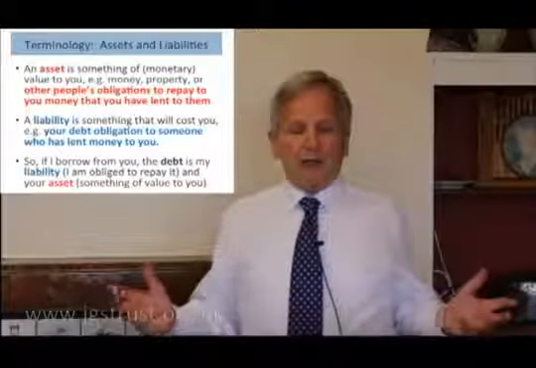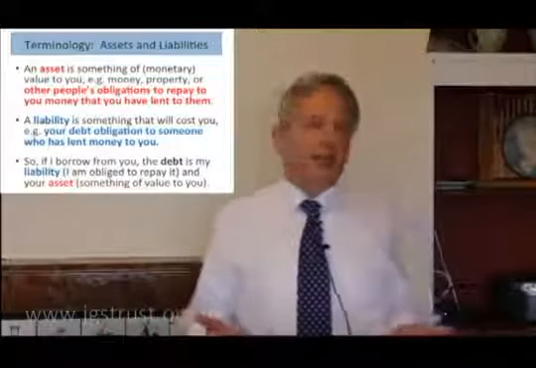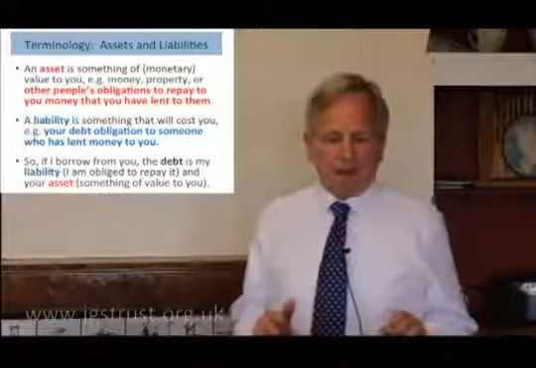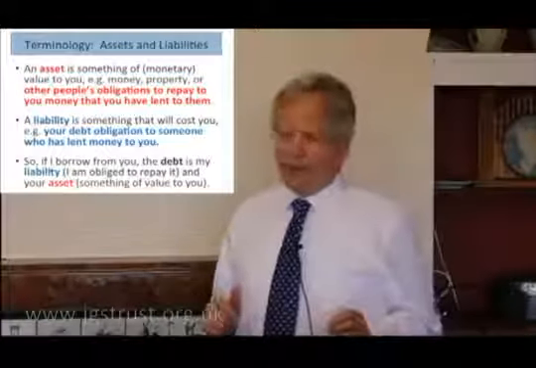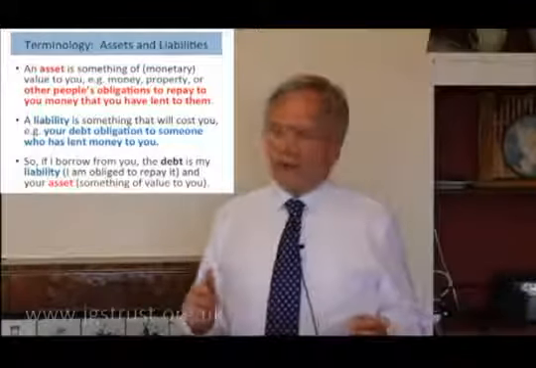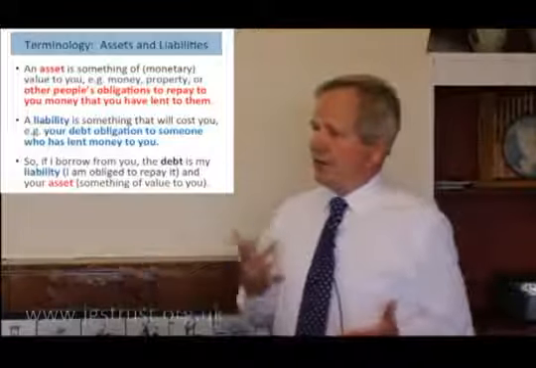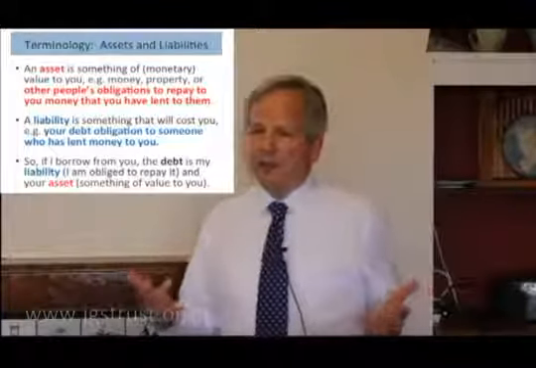So assets and liabilities. An asset, in our context, we're talking about monetary assets. Obviously, your family is an asset to you, but we're narrowing down to monetary stuff of value. It can be property, but it also can be bonds or debts, other people's obligations to pay you money at some time in the future.